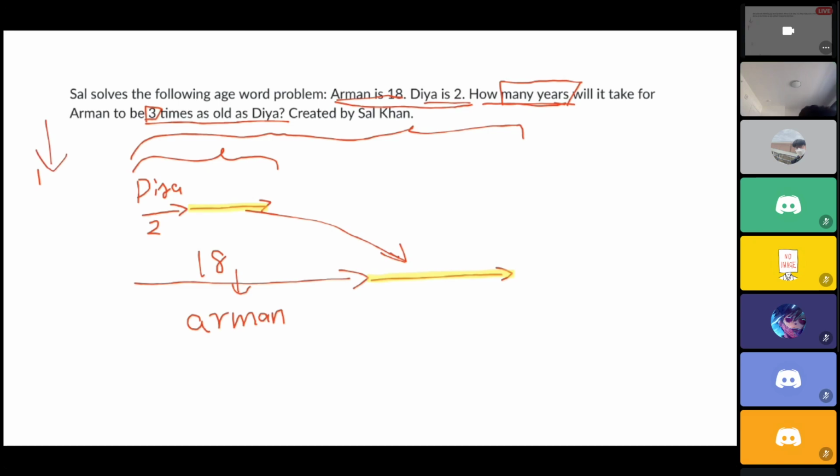So imagine Dia is currently 2 years old, Arman's 18. How old will they be after 1 year? Arman's 19, Dia's 3.